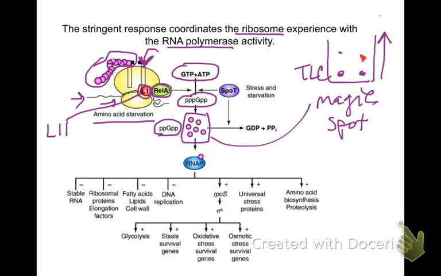And then it took some time to figure out what magic spot was actually doing. But years later, work showed that it was actually interacting with RNA polymerase to regulate what RNA polymerase could do.